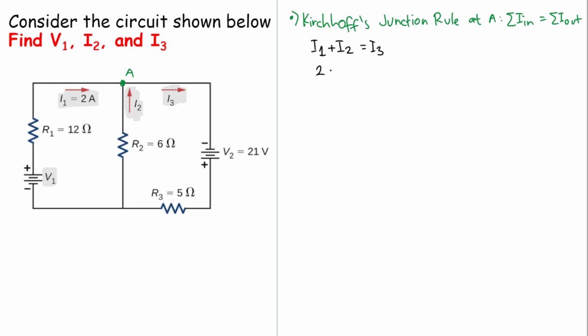So I have 2 plus I2 is equal to I3, or let's move this 2 to the right hand side. So we will have I2 is equal to I3 minus 2. Okay, and there is nothing further that we can do from here. Let's save this as equation number 1.